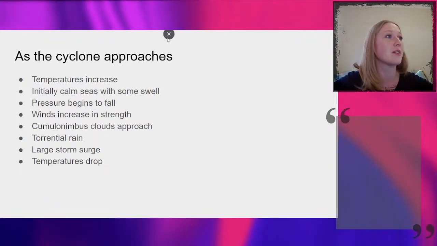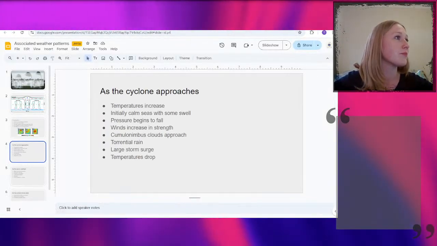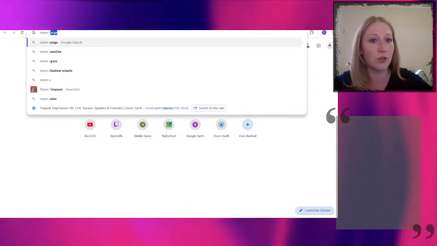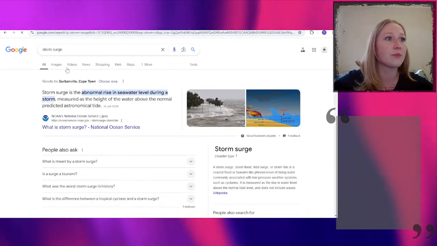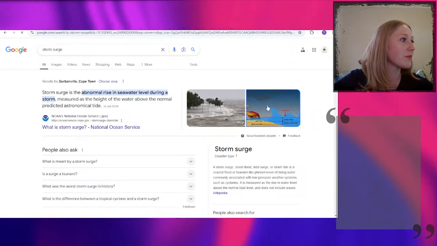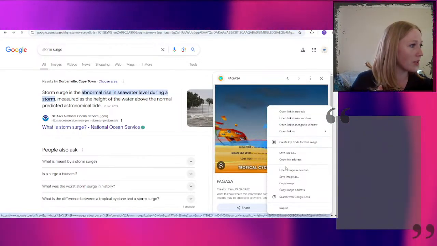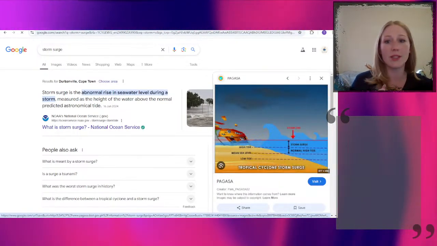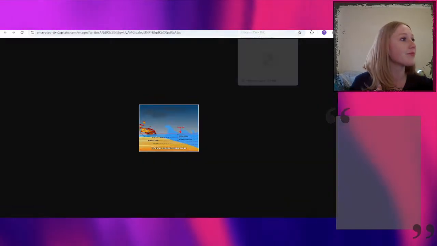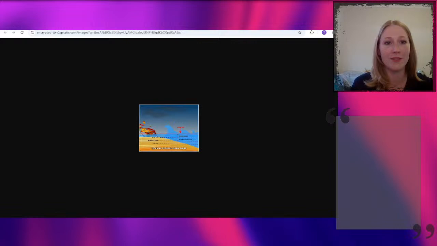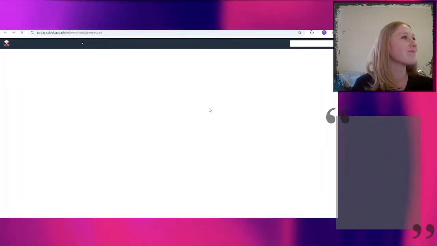I'll see if I can find a nice diagram. Storm surge. That actually looks really cool. Open that image. Yes, please. Oh, well, that's not gonna work.